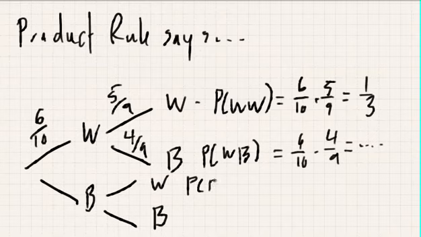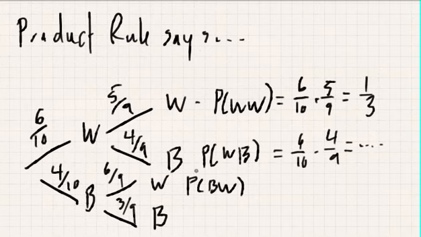The probability I draw a black and then a white: drawing a black is 4/10, drawing a white after that is 6/9, whereas drawing a black after that is 3/9. So the probability of drawing a black and then a white is 4/10 times 6/9, which is, whatever.